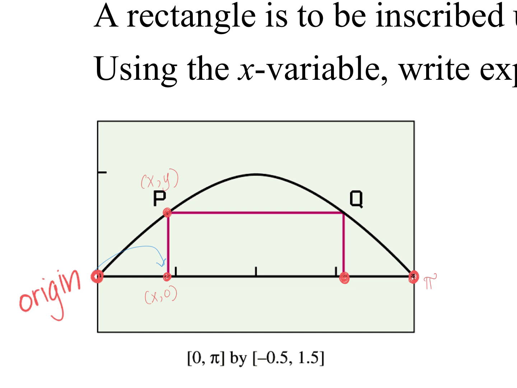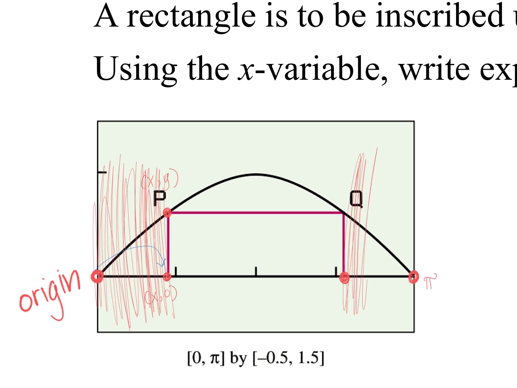So if the whole thing from origin to the whole window is pi, and if I were taking my scissors and cutting all of this off, how much would I be cutting off? X. And on this side, if I were cutting all of that off, how much would I be cutting off? X. So how much is left in the middle? Pi minus 2x. That's usually the hardest part, to figure that out.